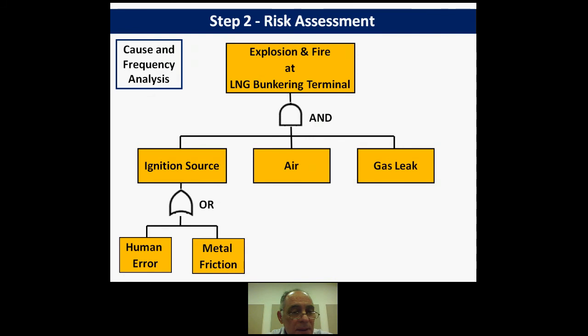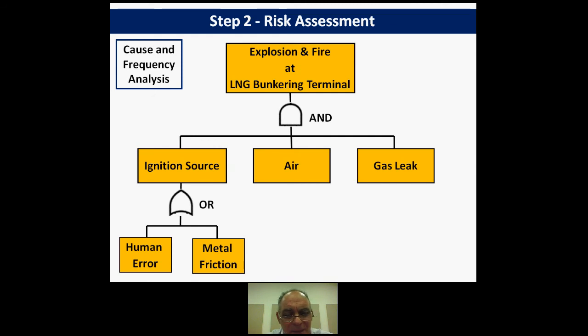And in this case, we see that either of the two causes for the ignition source is adequate. Either of them is adequate to be an ignition source. Of course, there are cases where both of them might be present, but this is the least probable scenario. In other words, you can have an ignition by metal friction, and at the same time a human error, with somebody approaching the place with a cigarette, but this is the least possible scenario.